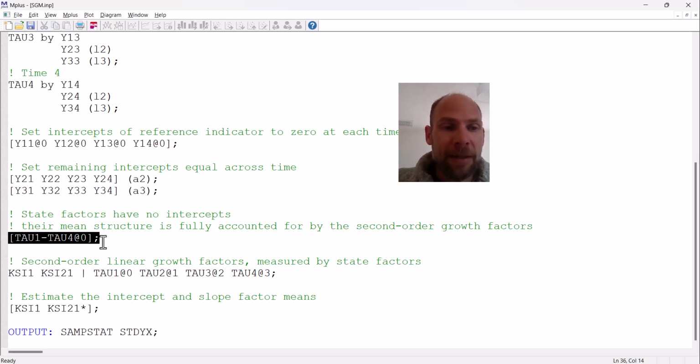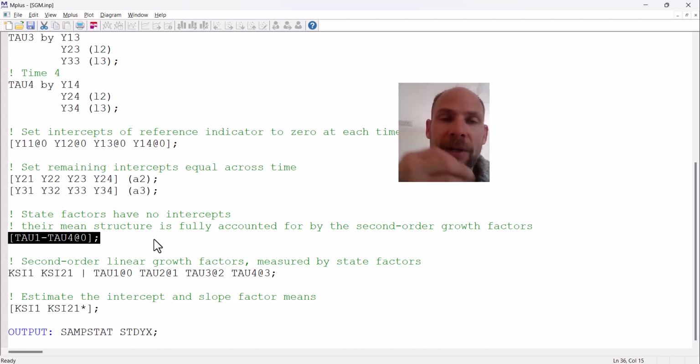Next, we have a statement here that sets the intercepts of the latent first order factors to 0, and that's necessary because in a growth curve model the mean structure is fully explained by the second order growth factors.